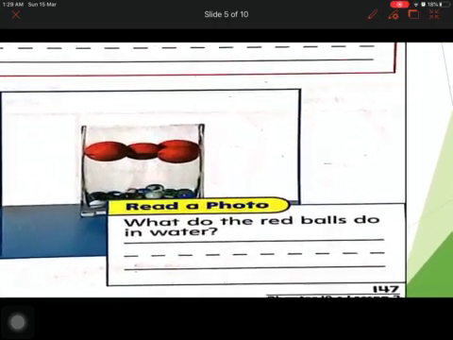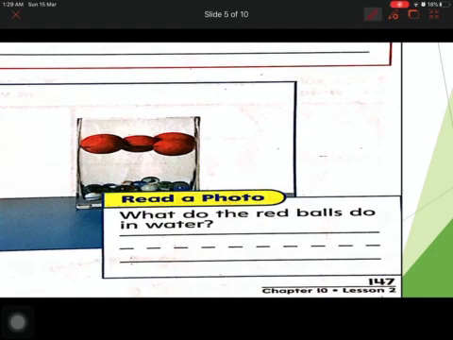Let's do this exercise together. What do the red balls do in the water? Did they float or sink? What do you think? So they float, right?